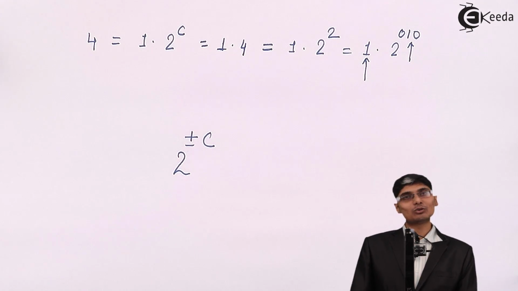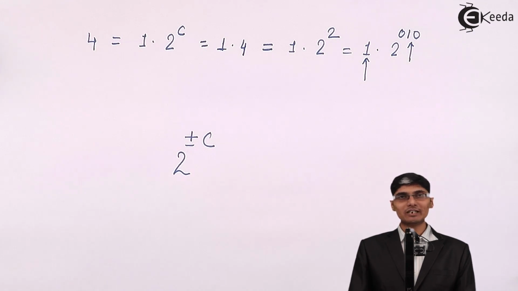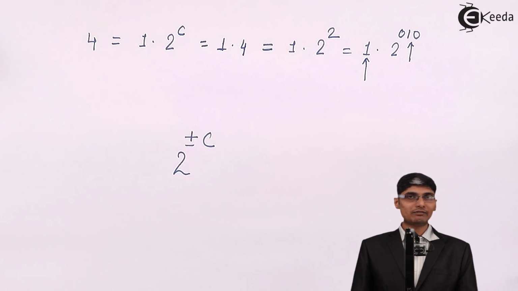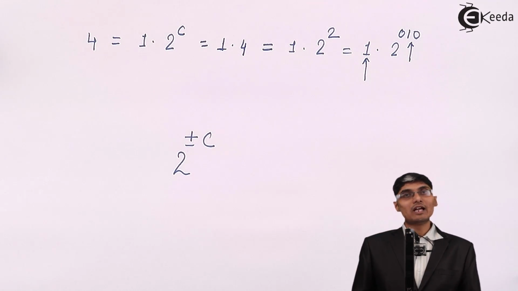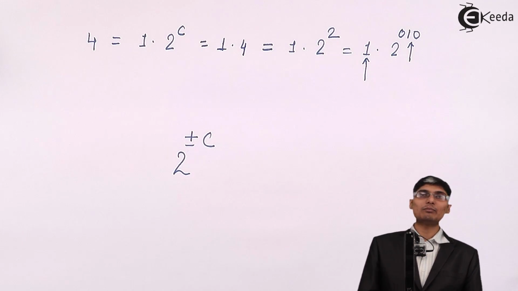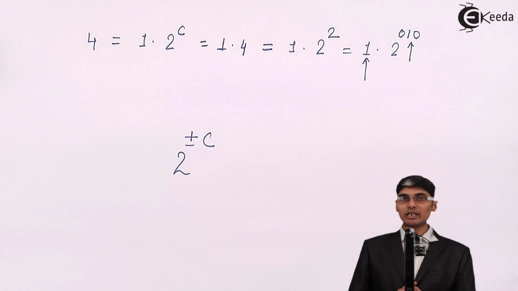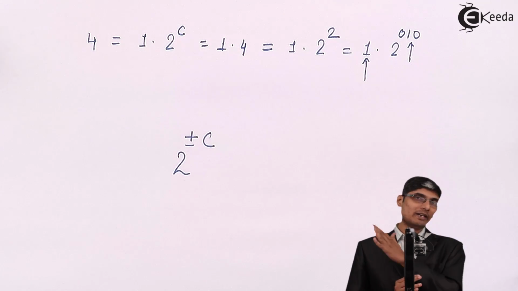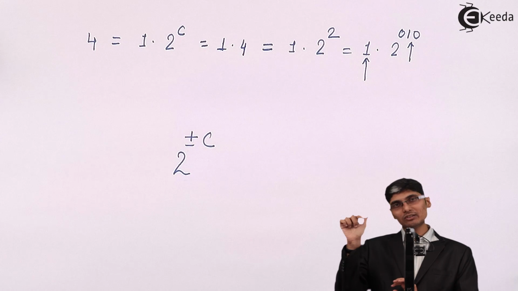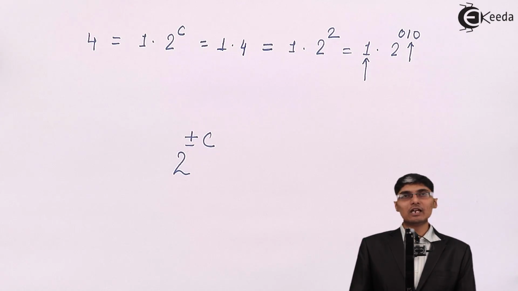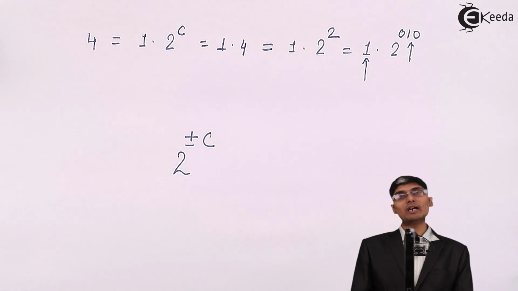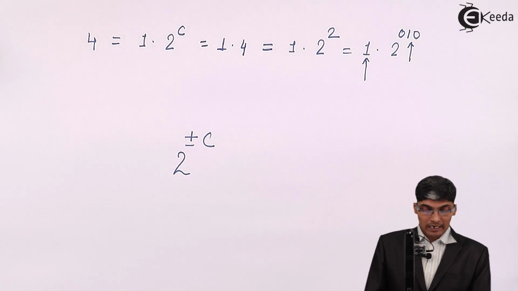Now the point is totally floating, isn't it? If I move the point, what do I need to change? I need to change my characteristic. Suppose the number I am working with is 1 point something, then I can adjust my characteristic to get the number 1 point something, isn't it? So that is the biggest advantage of the floating point number.